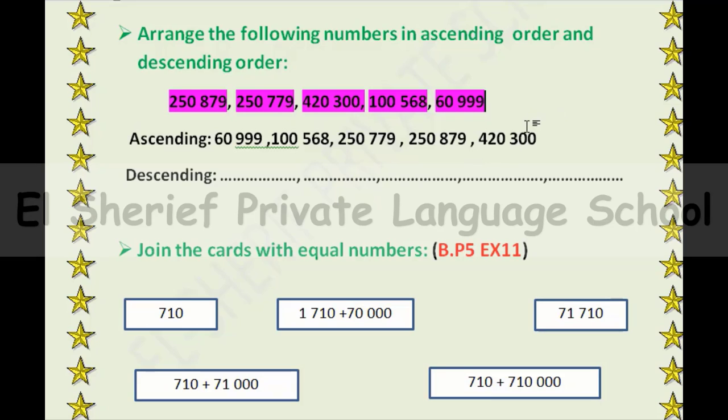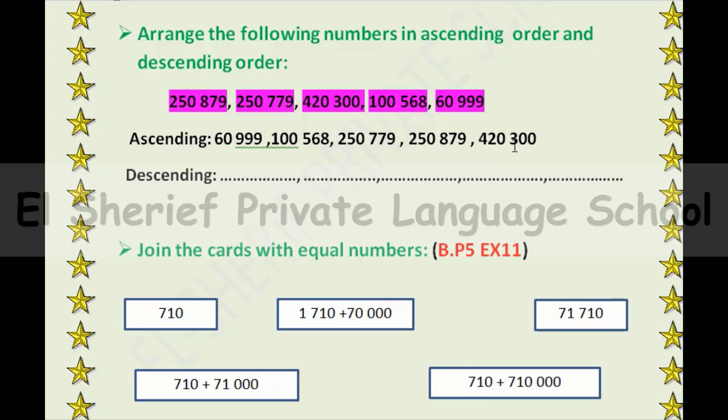Okay, then we will learn how to arrange these numbers in descending order. We can start with the largest number. The largest number in ascending order was 420,300.